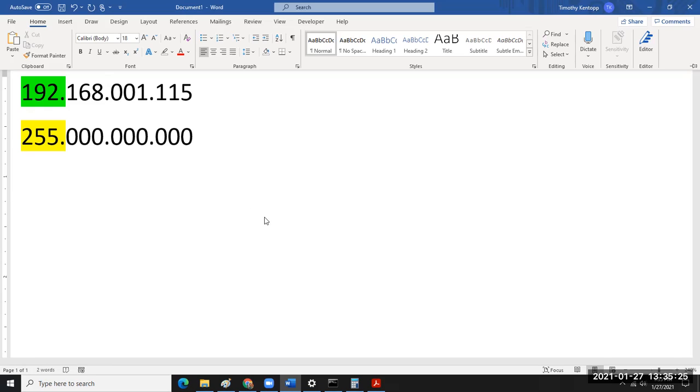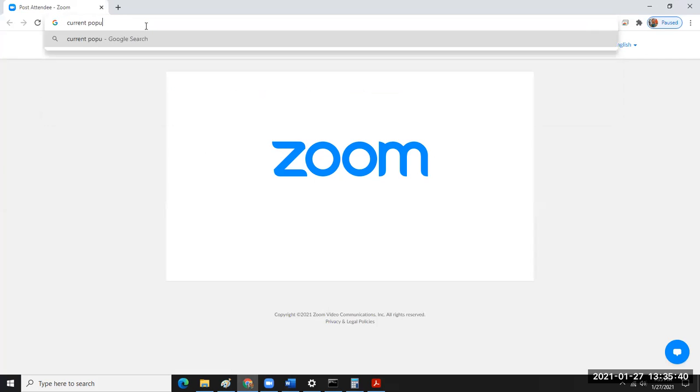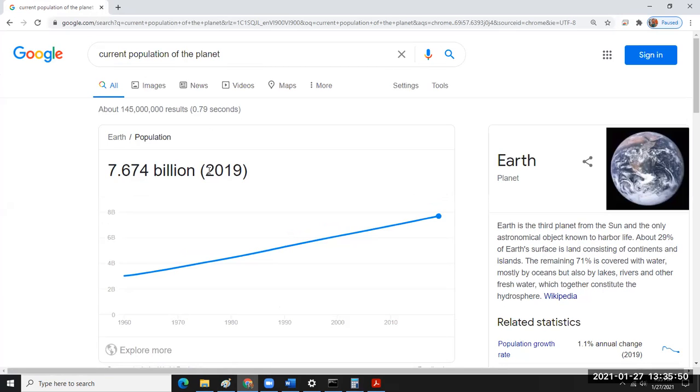How many people exist on the planet right now? Billion. Do we have more than 4 billion people on the planet? Yeah, way more. What's the current population of the planet? 7.674 billion in 2019. Well, it's a little more now.